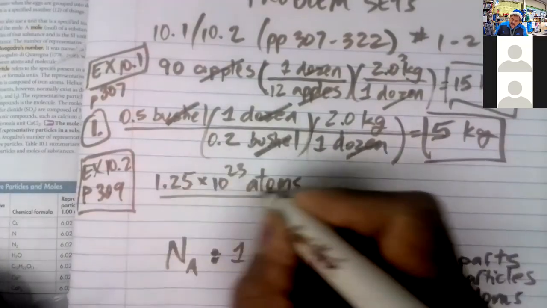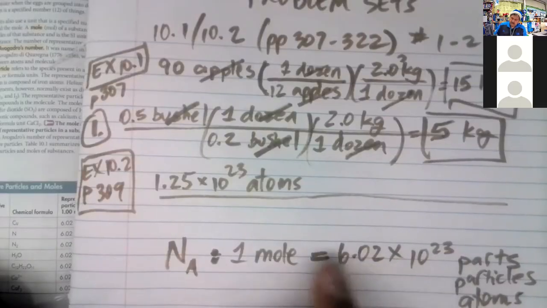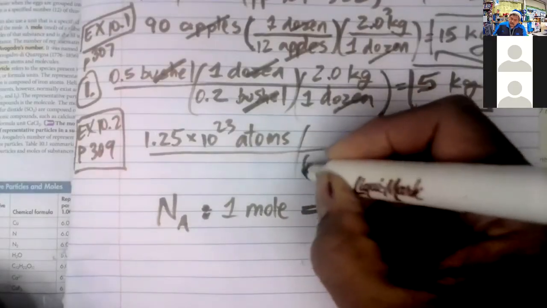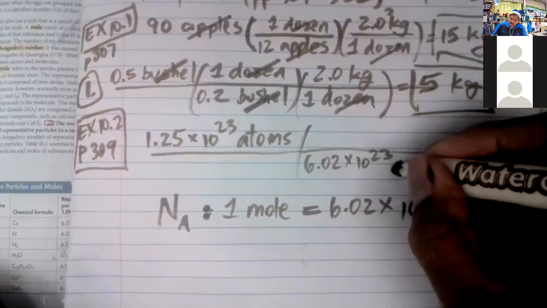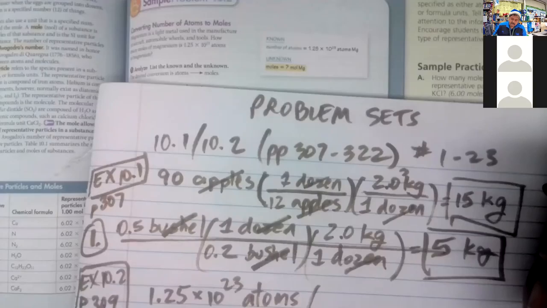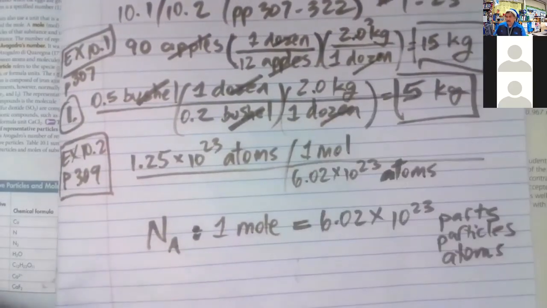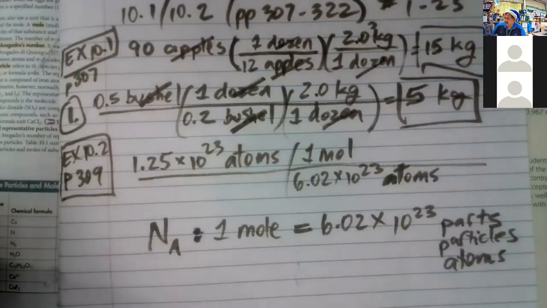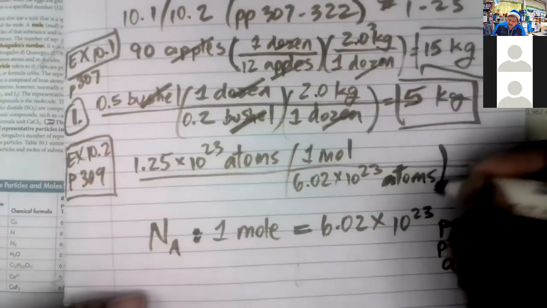So that we can cancel that out, I'm going to put this part on the bottom and this part on the top. So 6.02 times 10 to the 23rd atoms of magnesium equals 1 mole of magnesium. A mole spelled M-O-L-E, but we abbreviate it M-O-L. I know we just dropped the E, but that's what we do.